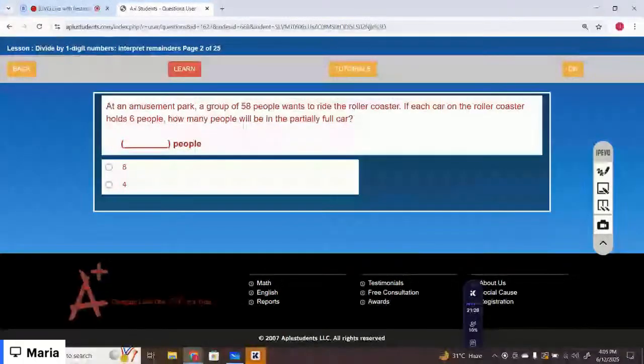At an amusement park, a group of 58 people wants to ride a roller coaster.